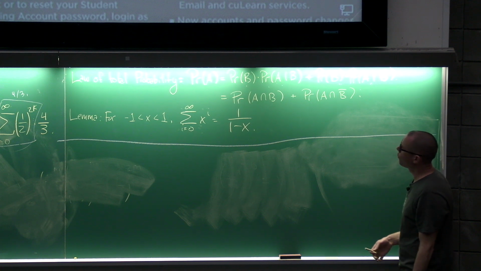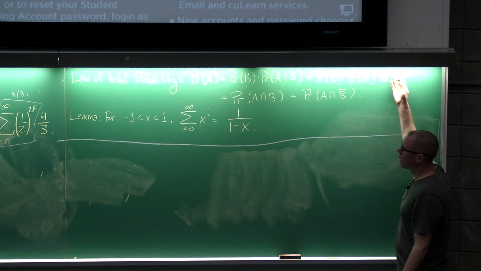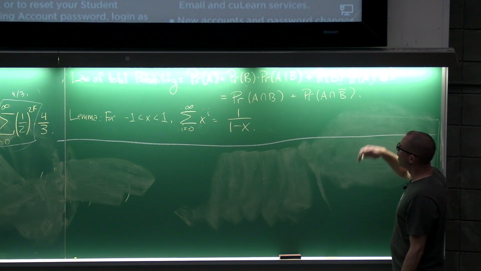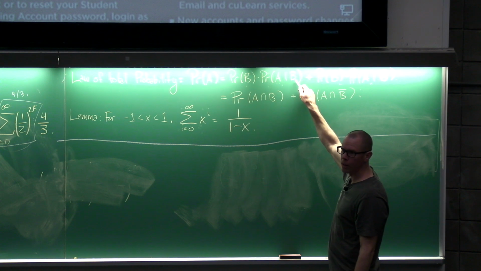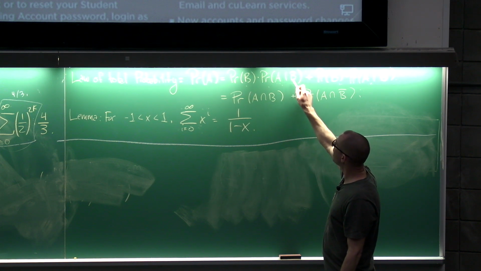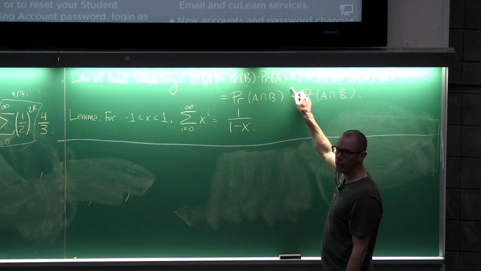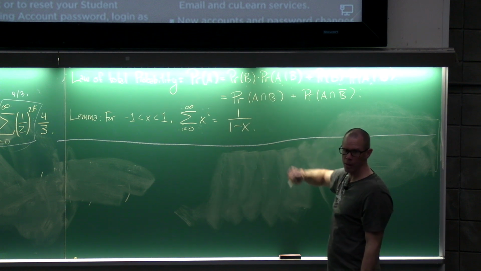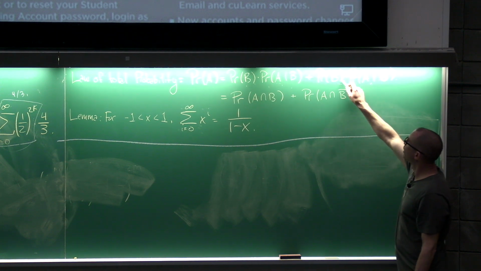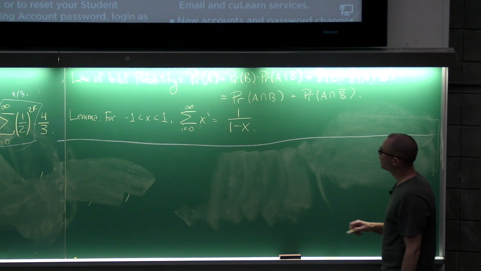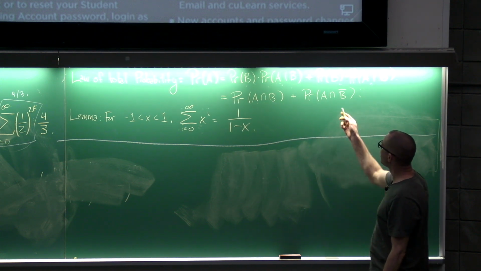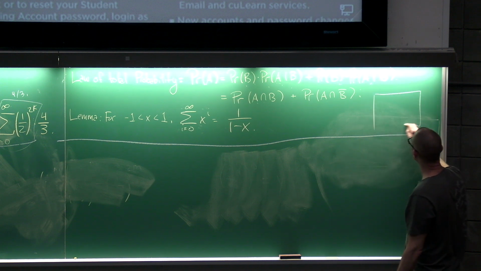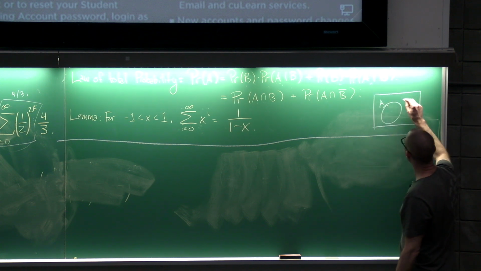And the proof of this, it's called a law because it's not worth the proof. You just write down the definition of conditional probability here, right? This is probability of A and B divided by probability of B. So the probability of B's cancel out. Same thing happens here with the probability of not B. So now we have probability of A and B plus the probability of A and not B, which is just these two things.